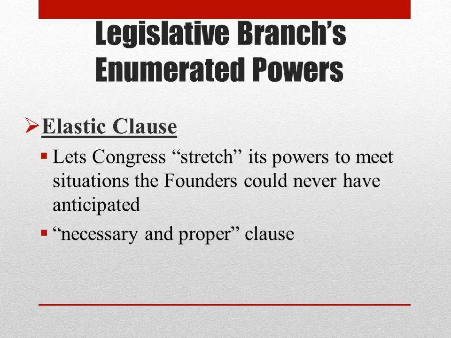They could never have written in every possible situation that could have happened in America. So the founding fathers gave the legislative branch this right: if it's necessary, if we have to make a new law or stretch our powers, if it's necessary and proper, then we can. And then the other branches help decide what exactly is necessary and proper.